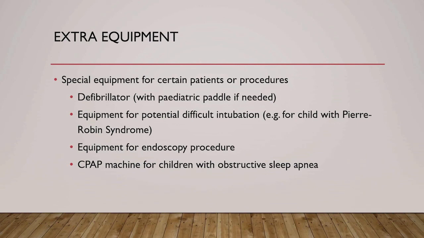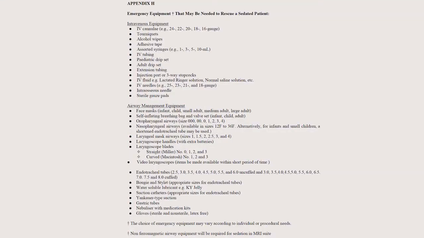There is some special equipment, such as a defibrillator, equipment that you need to prepare for potential difficult intubation, like for a child with Pierre-Robin syndrome, equipment used for endoscopy, and also for a patient with known obstructive sleep apnea, who may need a non-invasive ventilation machine, CPAP machine, etc. This is the appendix that you can find in the practice recommendation that helps you to go through all kinds of equipment that you may need and need to prepare.